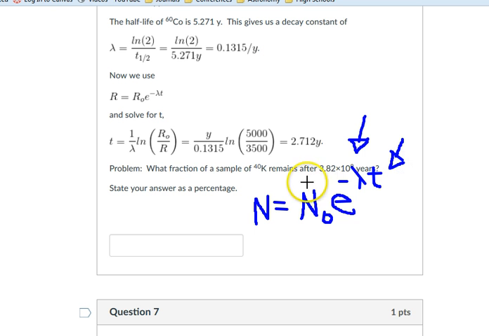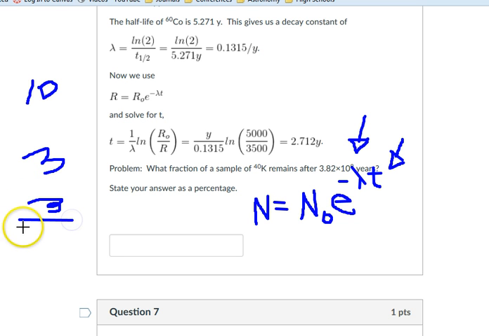Now, we don't know N naught and we don't know N, but we're not asked for those. We're asked for what fraction remains. If you start off with 10 apples and you've got 3 left, what fraction do you have left? You have 3 tenths left, right?